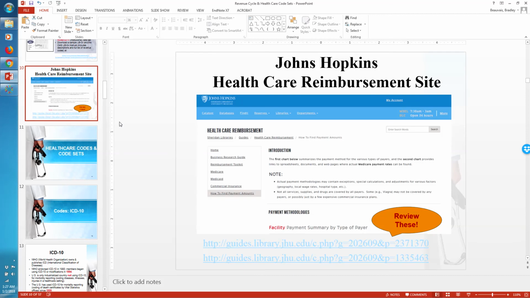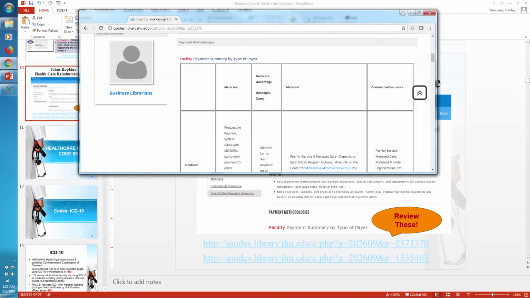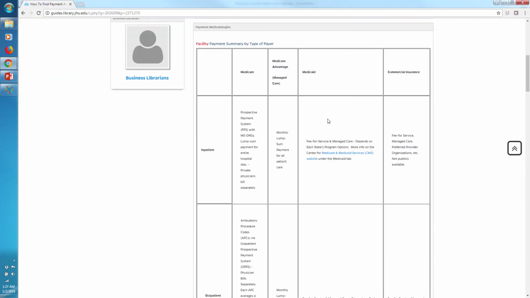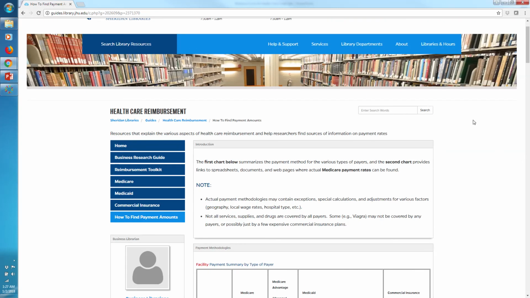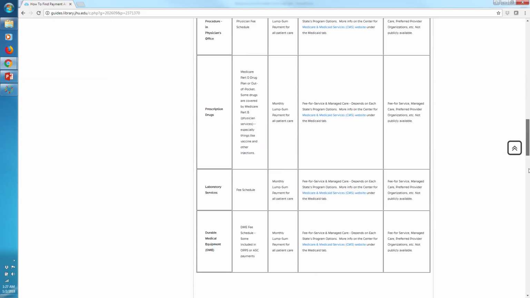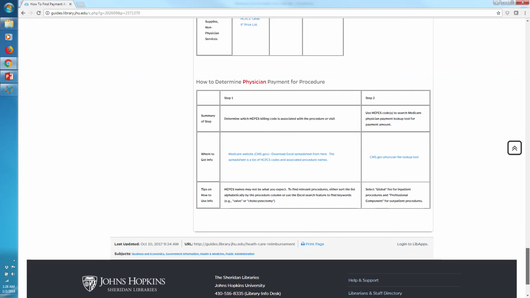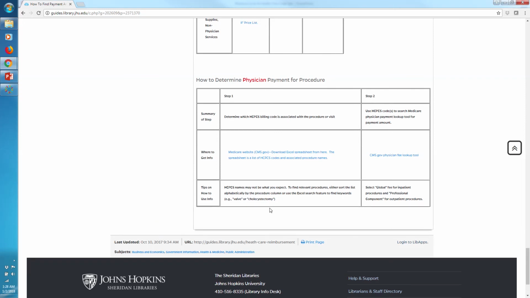Now, I also recommend this really good site over at Johns Hopkins. These couple of links I'm going to pull over here. Hopefully this comes across okay. They give you some indication of healthcare reimbursement, and this is a site that is updated frequently. You can see down here at the bottom, this was updated in early October of 2017.